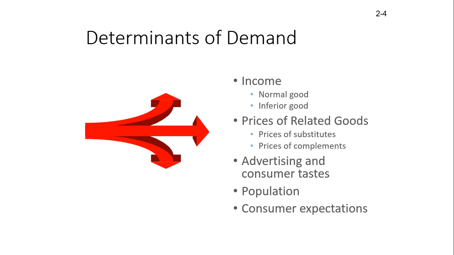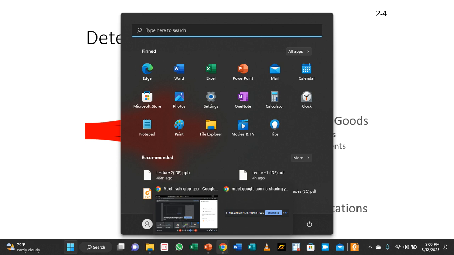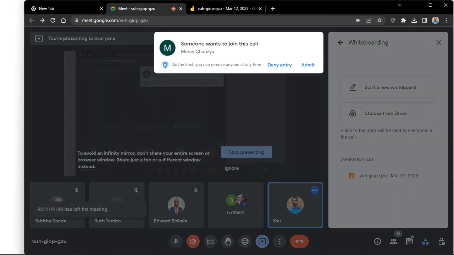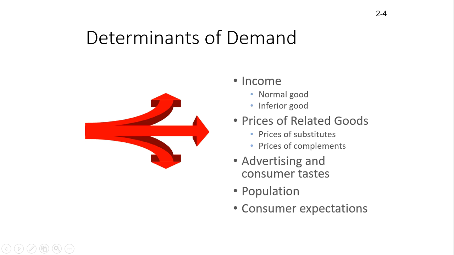Unless you use the wrong method of advertising. There are times when you as a manager think that if I use this... Now there is this common way of doing adverts in Zambia, where most firms prefer using celebrities. They put up a nice post with a celebrity, and people say, I know this guy. If he's using this drink, let me go for it. So what are they doing?